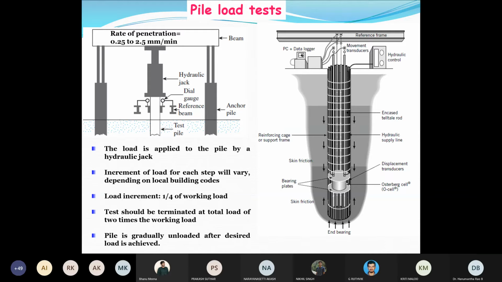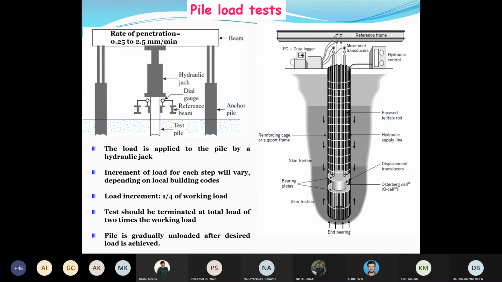Once the settlement becomes constant, then go for the next increment of load. The second step load is maintained until the settlements become constant. But the constant deformation may be achieved in a couple of hours or in a couple of days. We do not know. That depends upon the soil type.